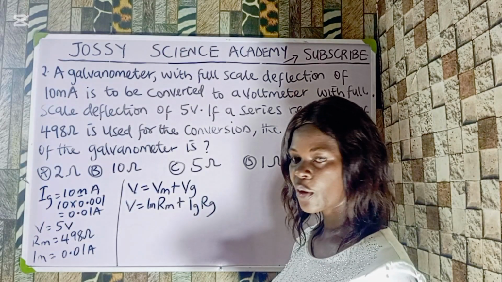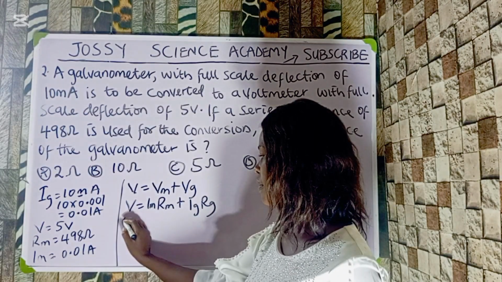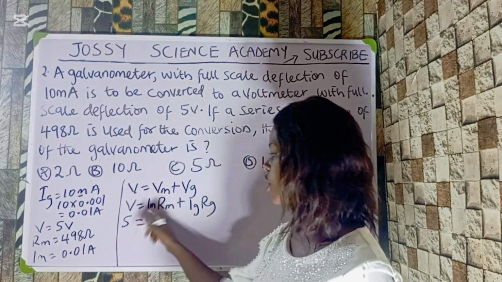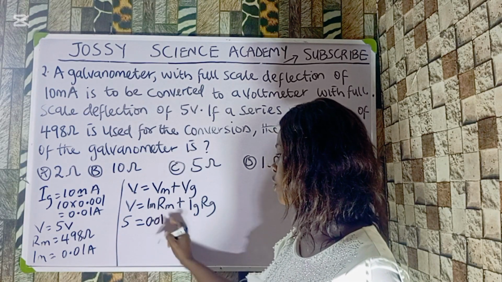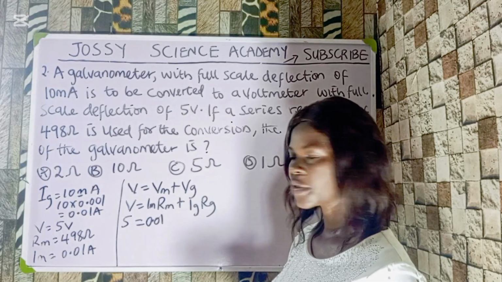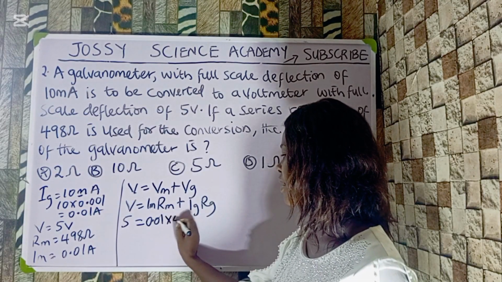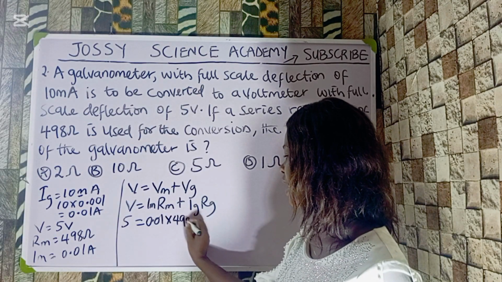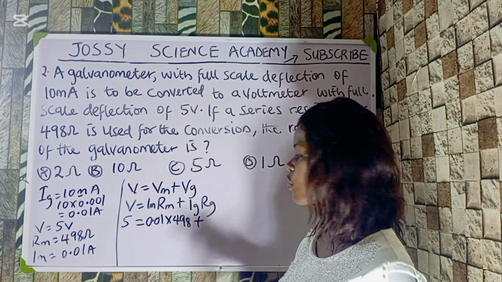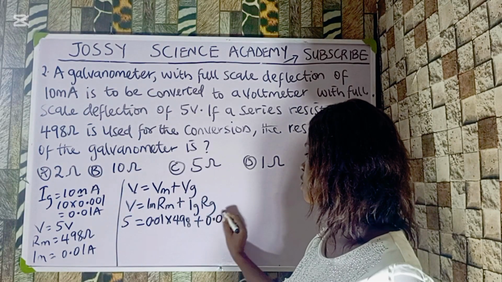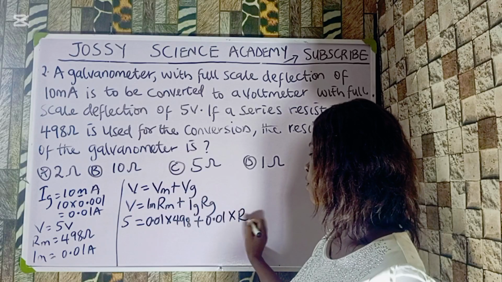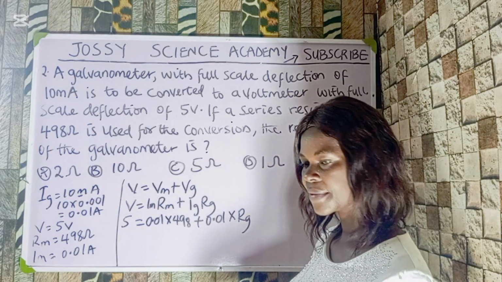And the total V across the circuit is 5, which is equal to the current of the multiplier, 0.01, multiplied by the resistance of the multiplier, 498, plus the current of the galvanometer, 0.01, multiplied by Rg. Is that clear?